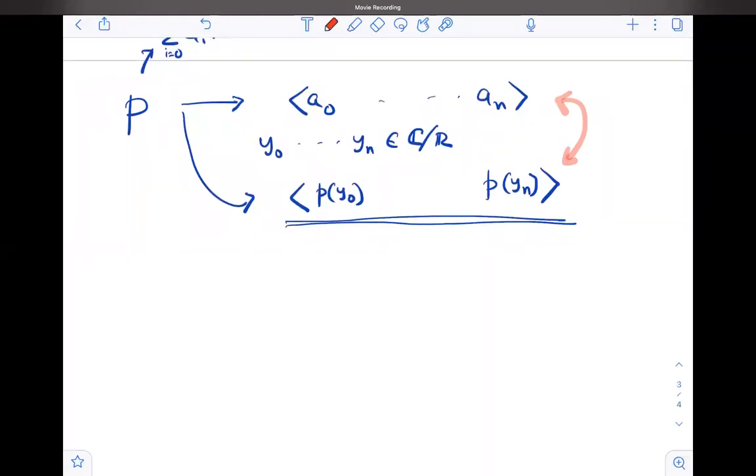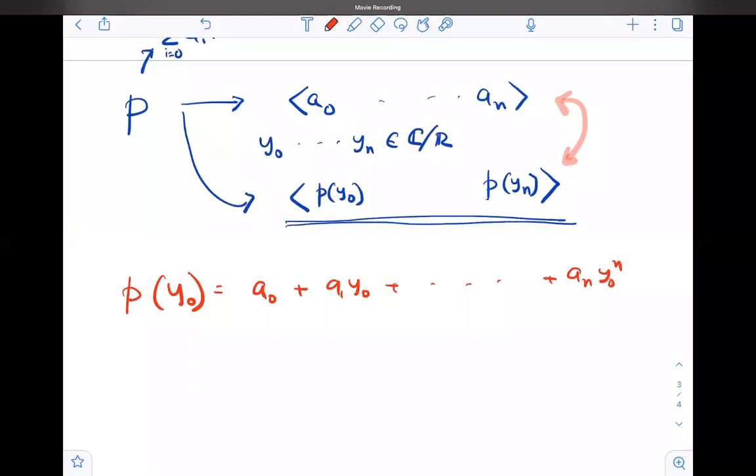What is P of y0? P of y0 is nothing but a0 plus a1 times y0 plus, up to, an times y0 to the power n.